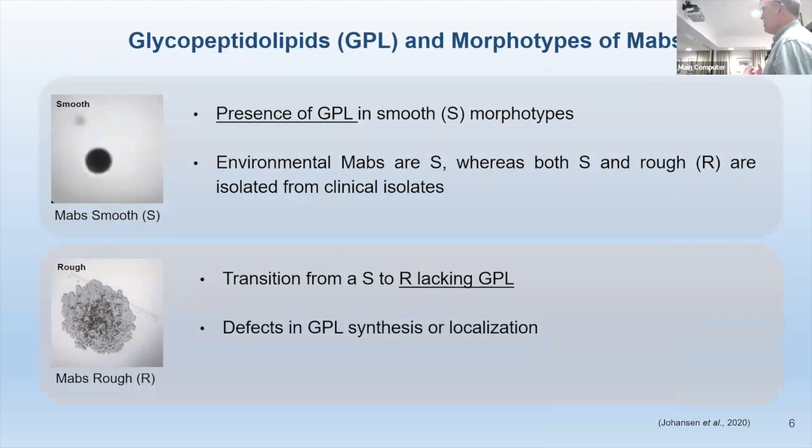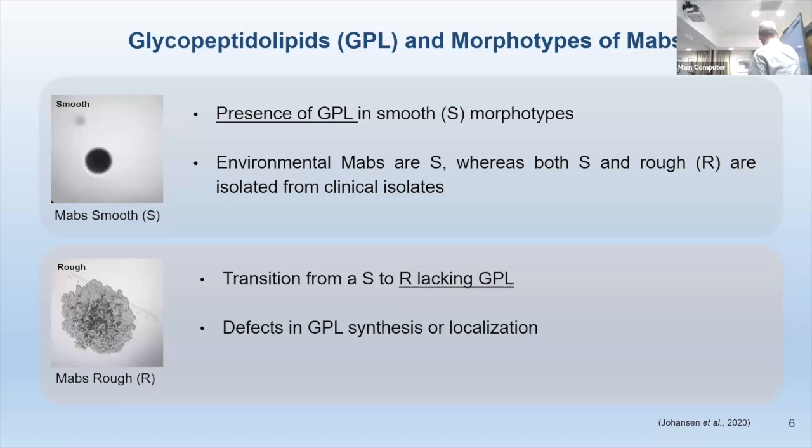When we originally get infected with the smooth form, at one point they start to change morphology towards the rough form. From an evolutionary point of view, I'm always puzzled about that, because if you get infected with the rough form and it's a dead end for the bacteria, it just doesn't make sense. So there has to be some way of returning to smooth from rough.